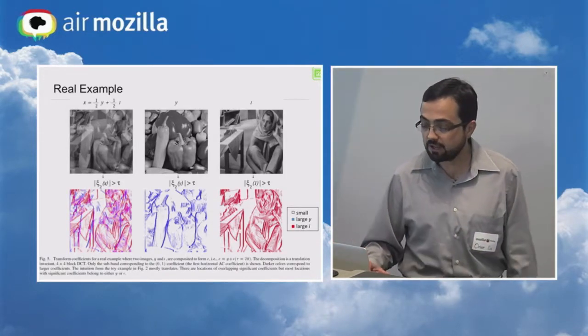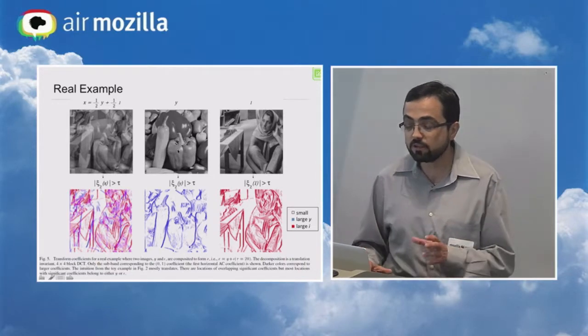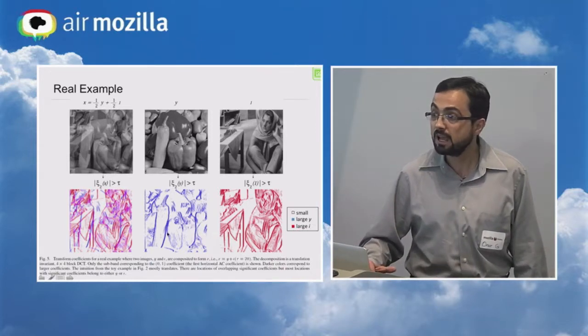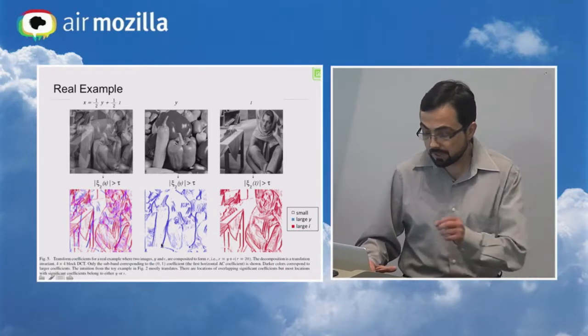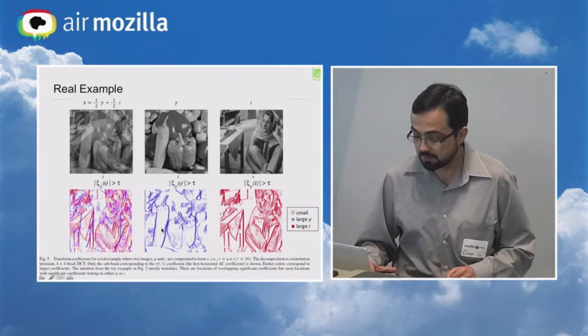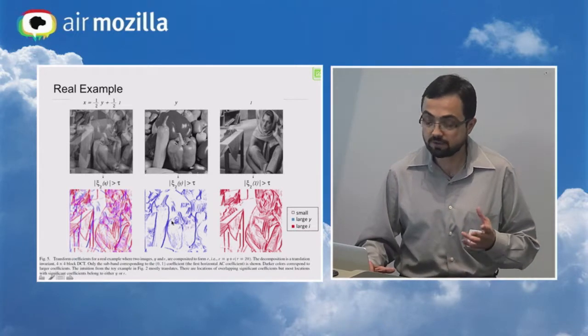And here I've taken the transform coefficients. I'm not telling you what the transform is yet, but basically these are the transform coefficients of peppers. And here I'm drawing the significant coefficients I've obtained over peppers. Dark blue means a really significant coefficient, white means insignificant coefficients.